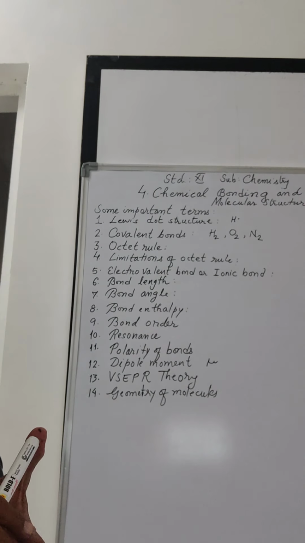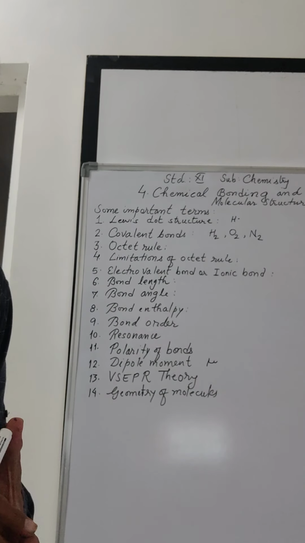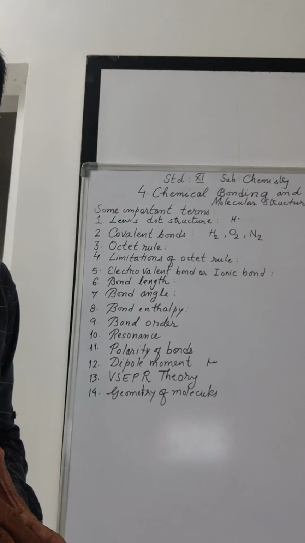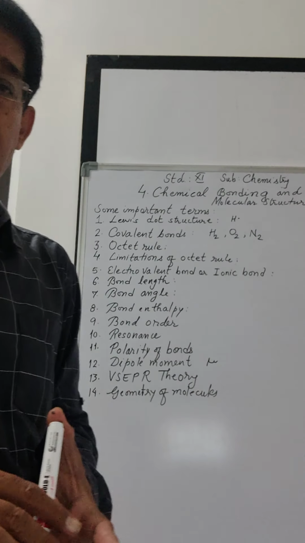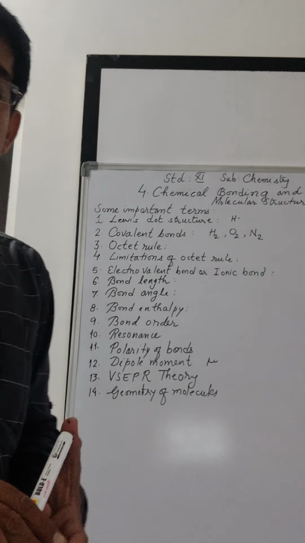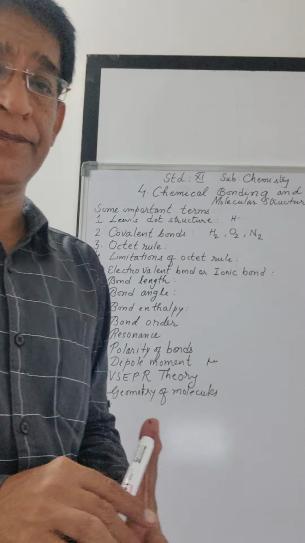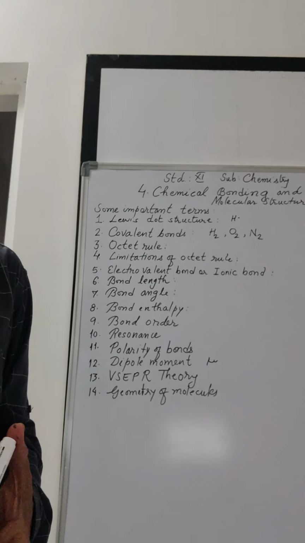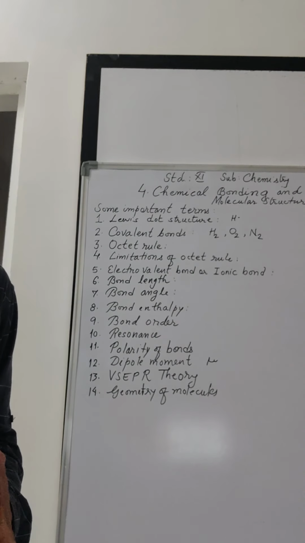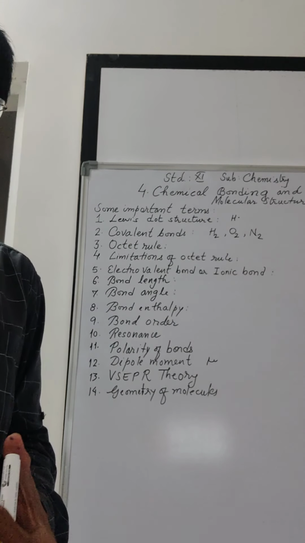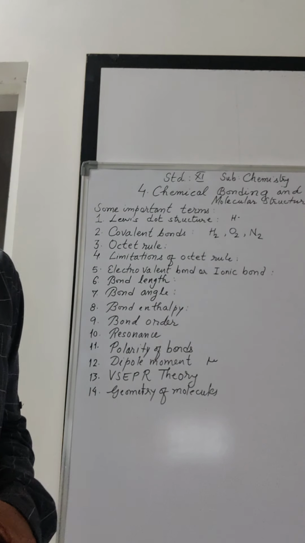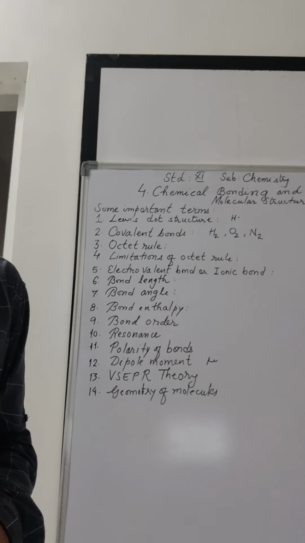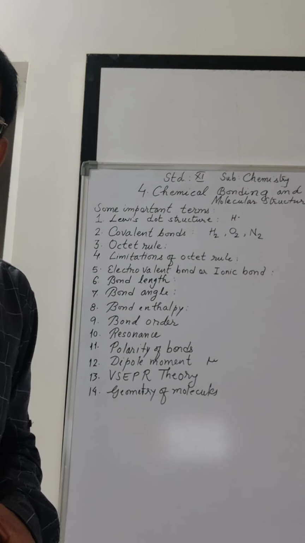Bond pair 2 and lone pair also 2, then shape is V shape, example is H2O. Bond pair 5, lone pair 0, shape is trigonal bipyramidal, example is PCl5.